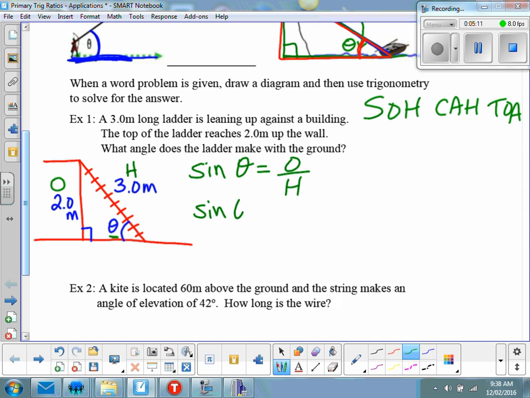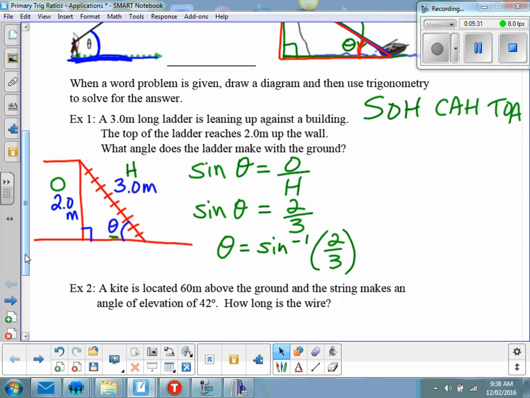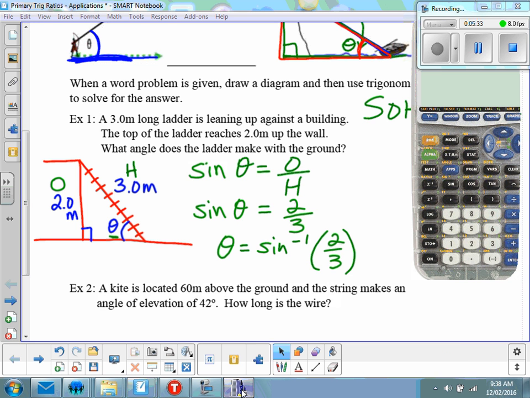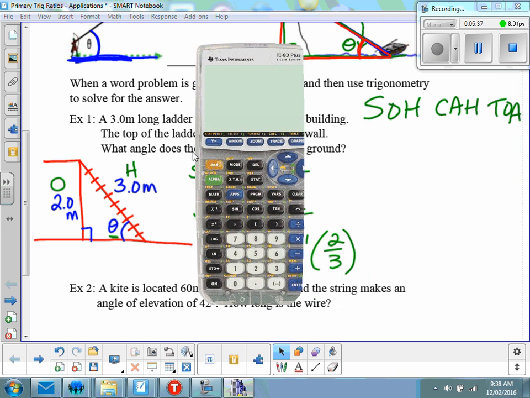Then we can sub our numbers in. So the opposite side is 2. The hypotenuse is 3. So to figure out what theta is, I'm going to need to do sine inverse of 2/3. Now I'll use my calculator here for this first one, just to remember how to punch this in.